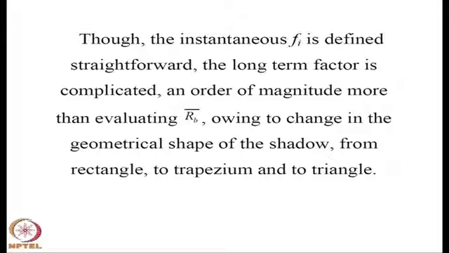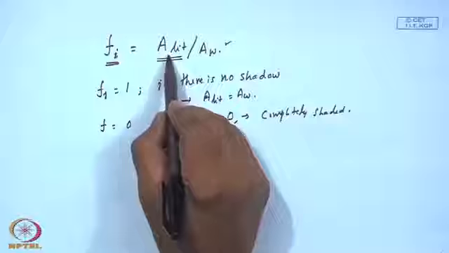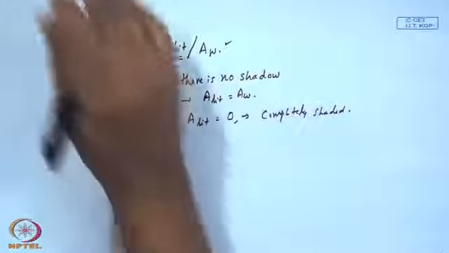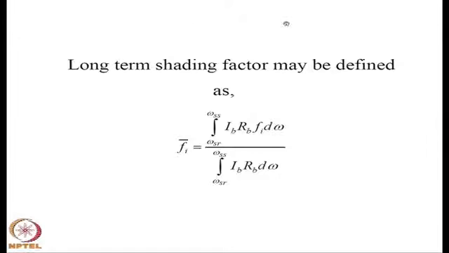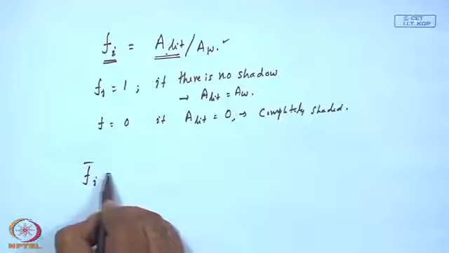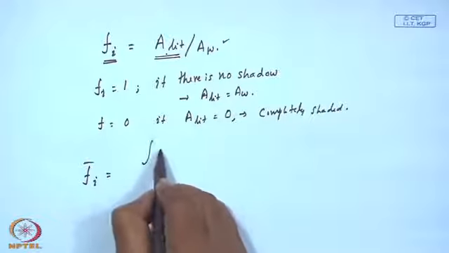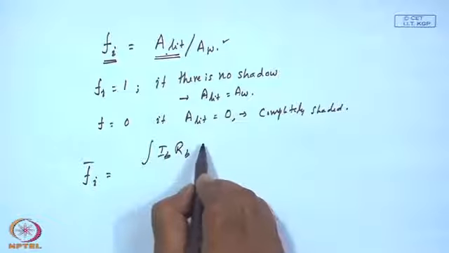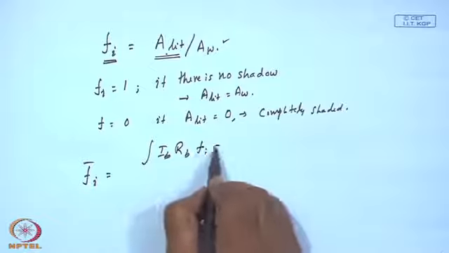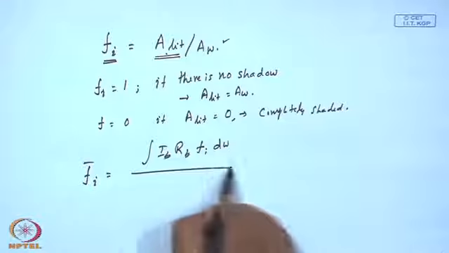So, if you have got this Fi on an instantaneous basis, A lit keeps on changing just like the solar radiation and also because of the position of the sun. So, if I want a longer term Fi bar, I should use this, borrowing a leaf from the calculation of Rb bar.